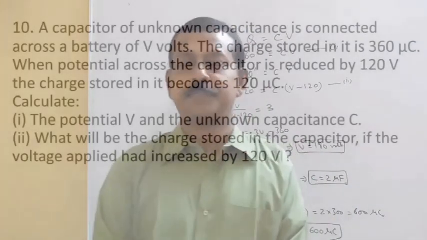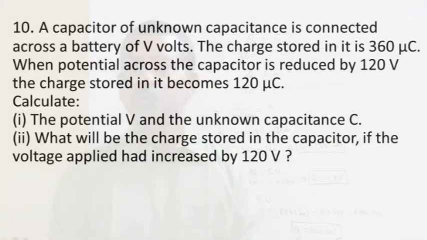Let's take question number 10. A capacitor of unknown capacitance is connected across a battery of V volt. The charge stored in it is 360 microcoulomb. When the potential across the capacitor is reduced by 120 volt, the charge stored in it becomes 120 microcoulomb.